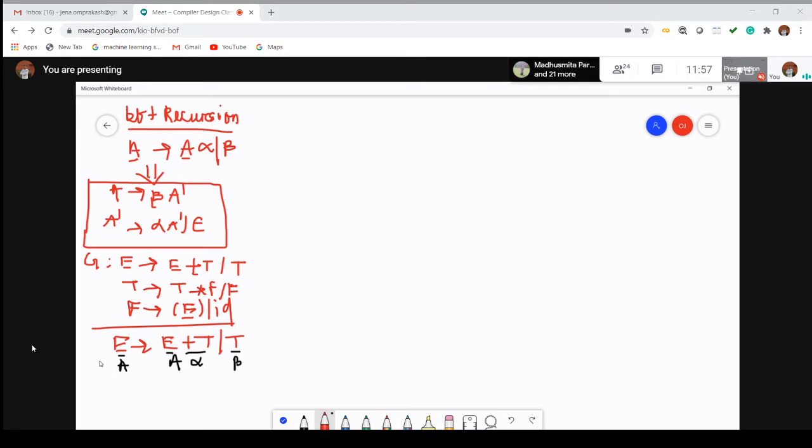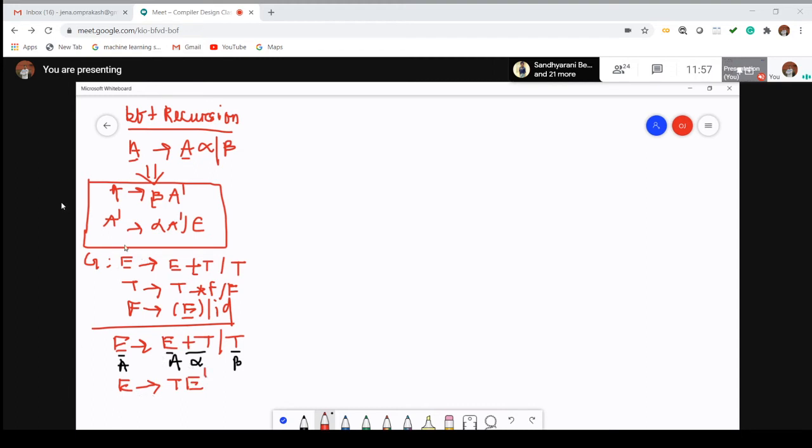Now the given production is in the form A to A alpha or beta, so you can decompose it into the form A to beta A dash. What is the value of A here? It is nothing but E. Then beta value equals T. Then A dash is nothing but E dash.